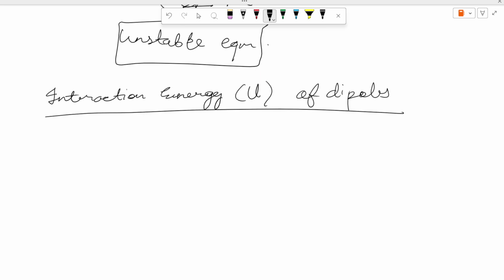So in these cases, at theta equals 0 degrees, the U is negative PE, right? It is negative PE. So what do we get by that? What do we get by negative PE?